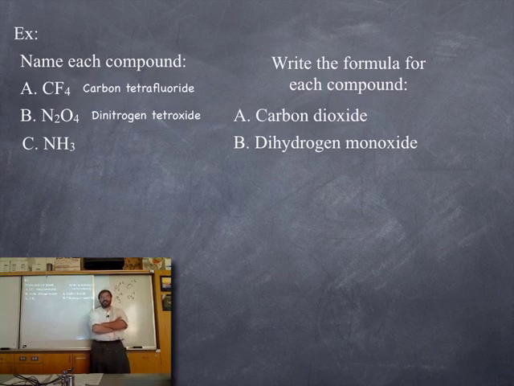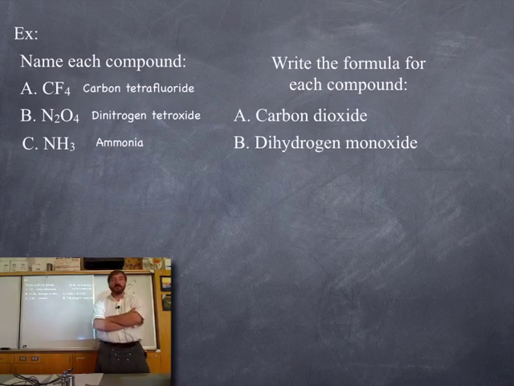So what's this one look like? Nitrogen trihydride or ammonia? So ammonia is one of the few non-systematic names that we still use. Ammonia and ammonium. You'll notice there is a polyatomic ion called ammonium.